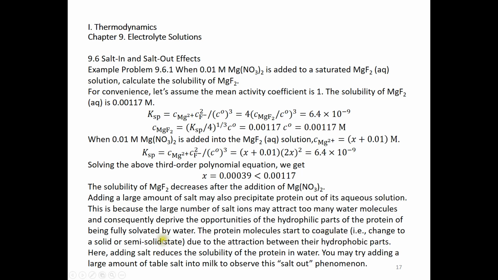That means change to a solid or even semi-solid state due to the attraction between their hydrophobic parts via dispersion attraction. So here, adding salt reduces the solubility of the protein in water, and you can try this in the kitchen. You add a very large amount of table salt into milk, and we can observe the salting out phenomenon.